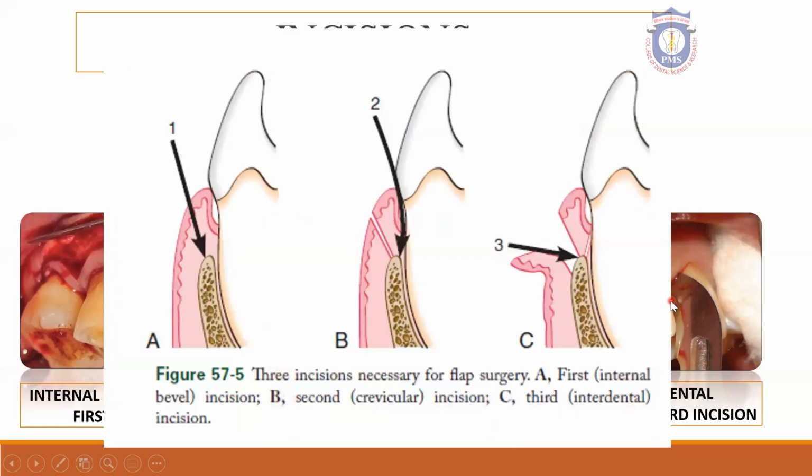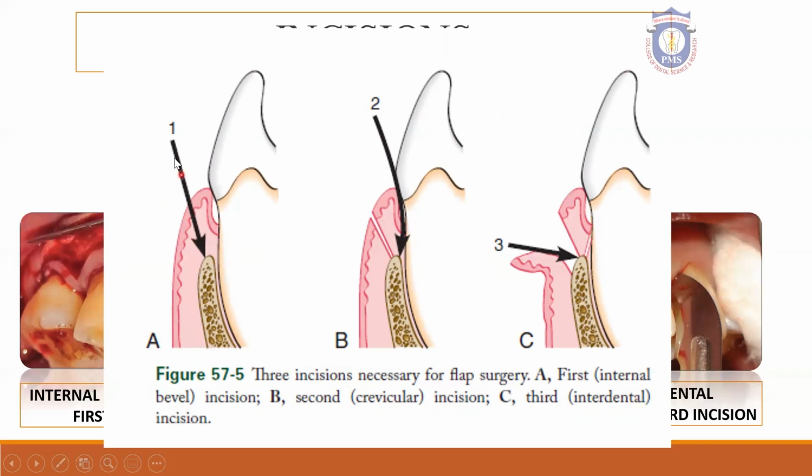You can better appreciate these three incisions using the diagrammatic representation. The first incision, as I said before, starts 0.5 to 1 millimeter from the gingival margin, and it's directed towards the bone crest at a 45-degree angulation. When you keep the blade like this, it is 90-degree perpendicular. When you keep it straight, it's 0-degree parallel.